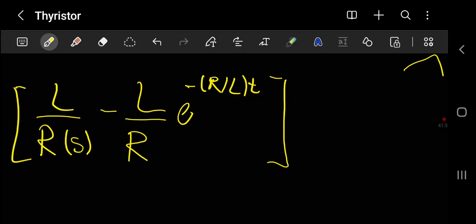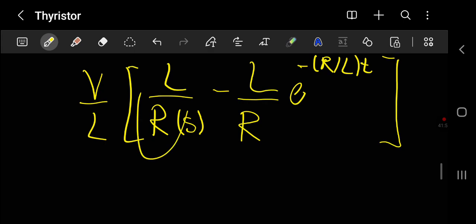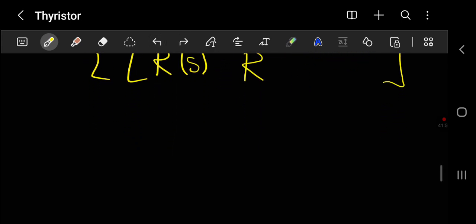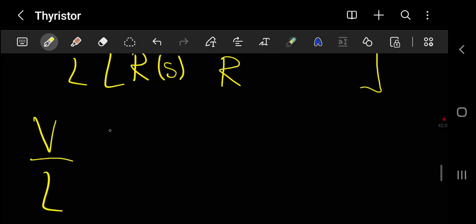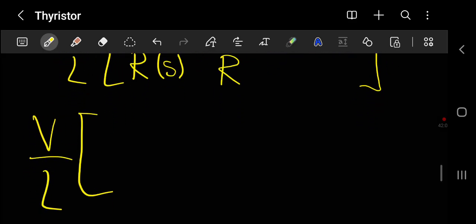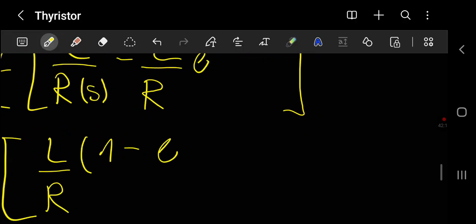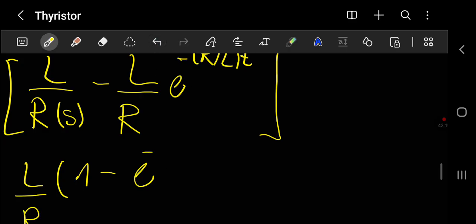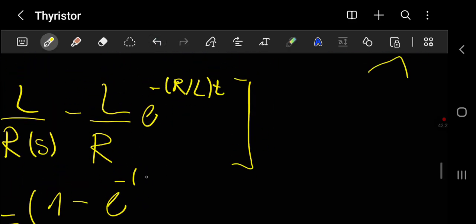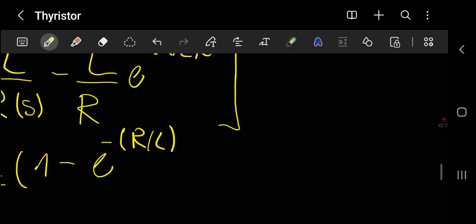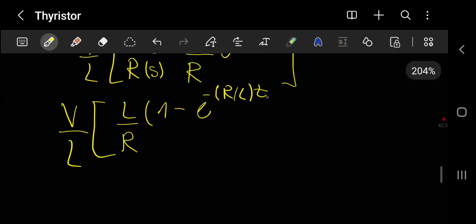Over L of t times t, and we can put this term in evidence. So V over L, and letting L over R in evidence, we are left with 1 minus Euler and his exponential. And now we know that this R over L is a time constant.